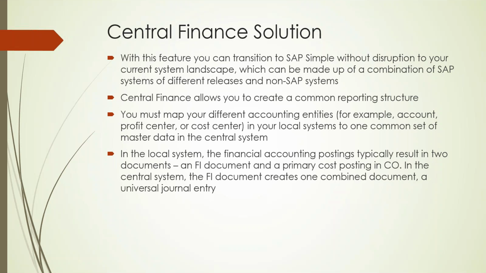So the FI document is separate, the CO document is separate, but when it is replicated to the central system, it will be saved as a single document in the Universal Journal Entry. So even though you are not touching your current architecture, you still get the benefit of Simple Finance for your reporting. This is the logic behind the creation of this Central Finance solution.